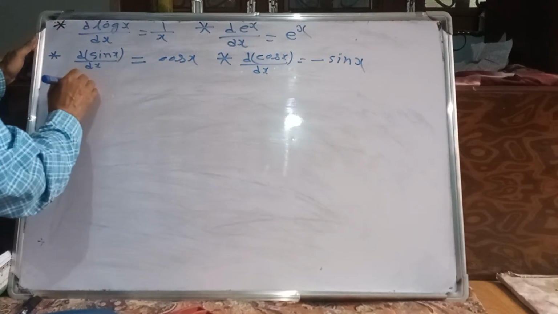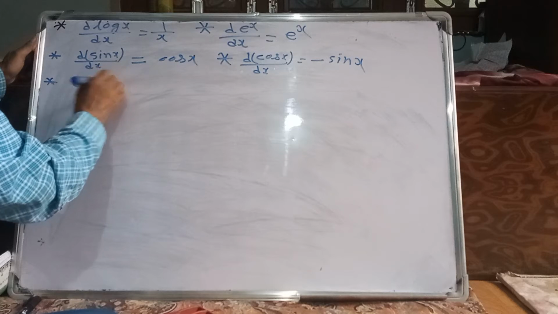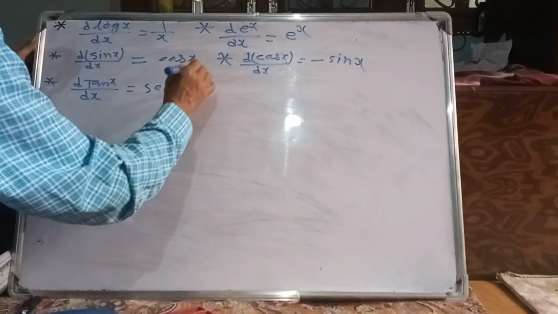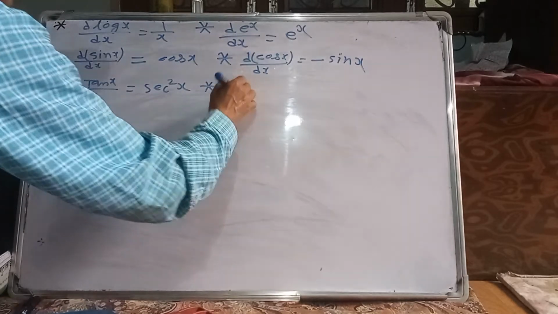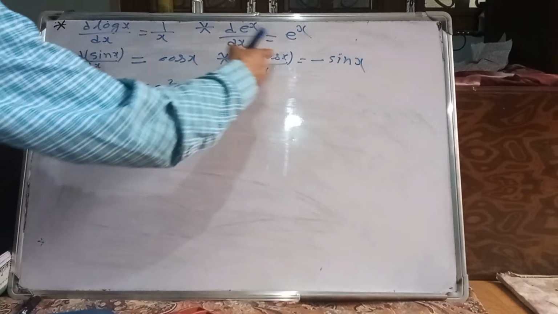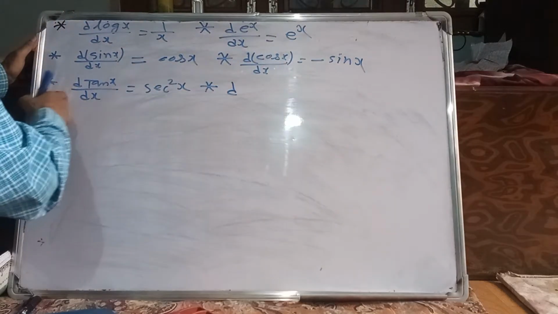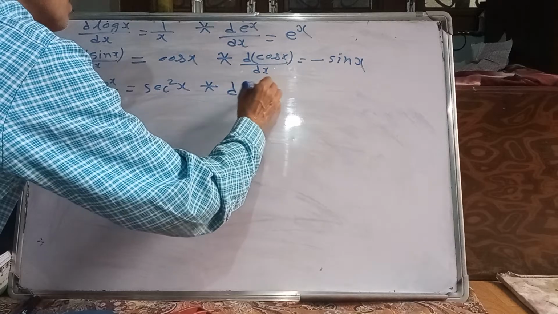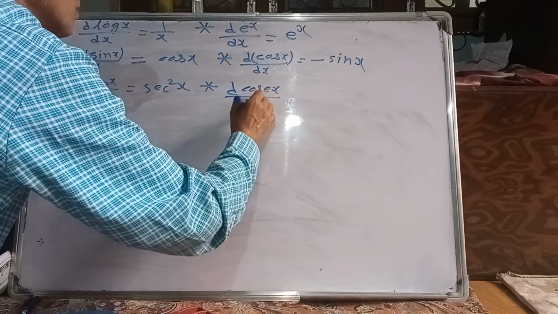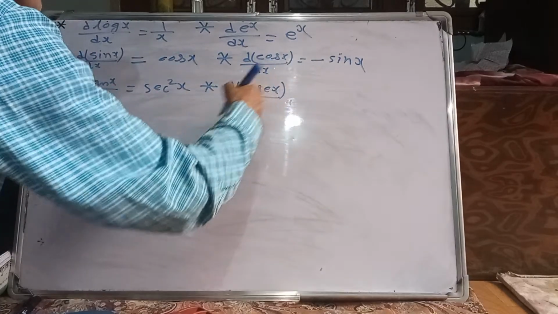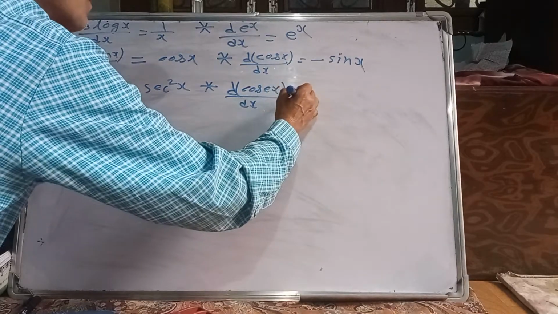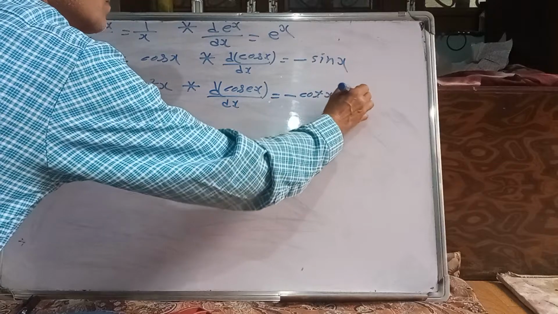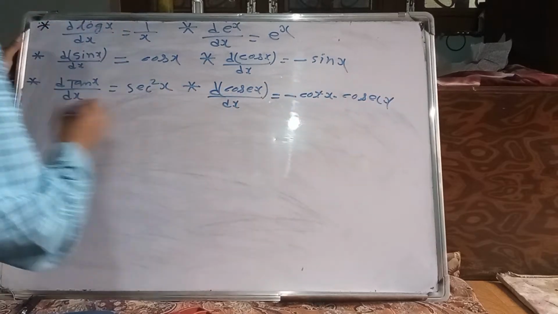Another, differential coefficient of tan x with respect to x equal sec square x. Sin cos, cos becomes minus sin. Tan sec square x. Sin cos tan cosec. Differential coefficient of cosec x with respect to x equal to minus cot x cosec x.